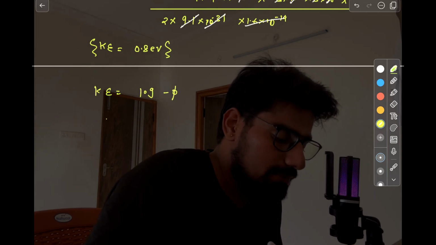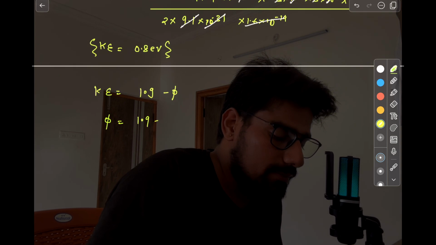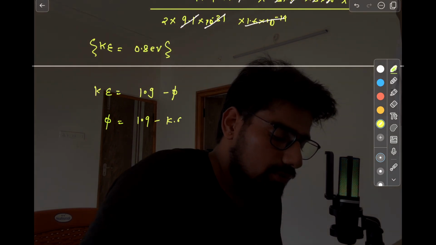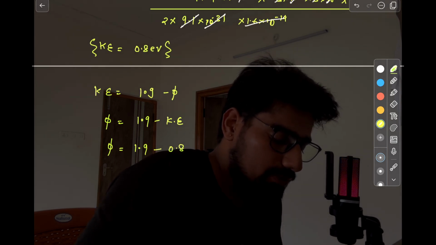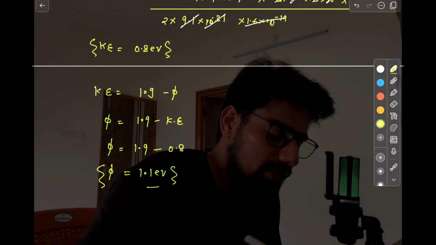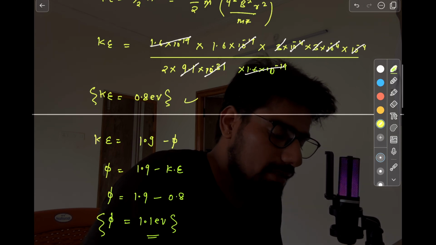So from here phi comes out to be 1.9 minus kinetic energy, right? So phi is 1.9 and the kinetic energy is 0.8. Okay, so phi comes out to be 1.1 electron volt. This is our approximated calculation, because here we have done a bit of approximation, right?